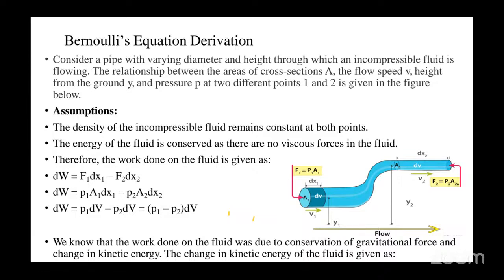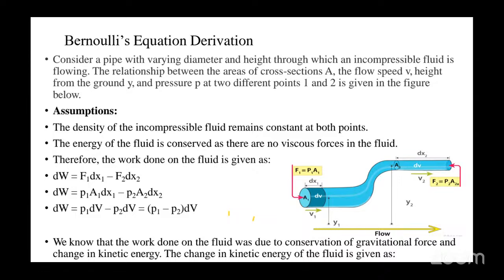So the work done on the fluid as it enters from A1 and then leaves at A2 is given as dW equals F1 dx1 minus F2 dx2. Now, F, which is force, is equal to pressure times area. So we replace F1 and F2 accordingly with pressure 1, area 1, and pressure 2, area 2.